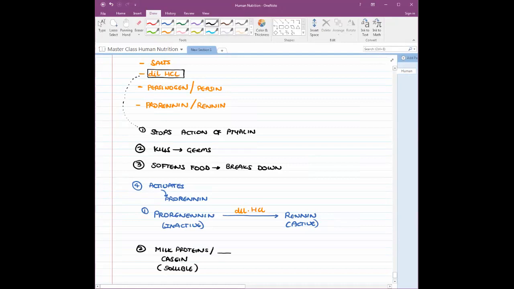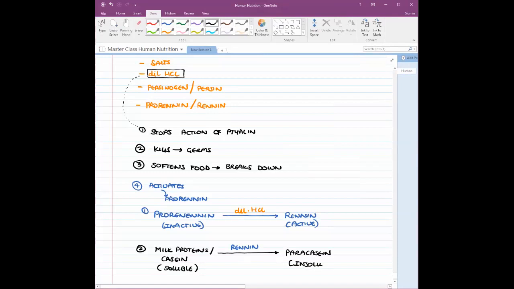So renin is going to act on them and convert them. In the presence of renin, the soluble casein is converted into insoluble paracasein. Casein is converted into paracasein, and paracasein is insoluble.